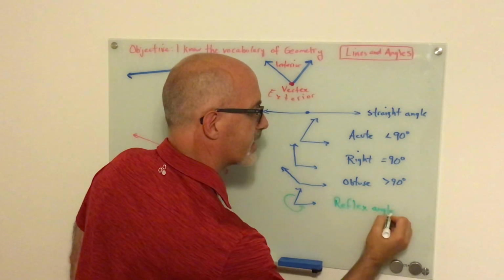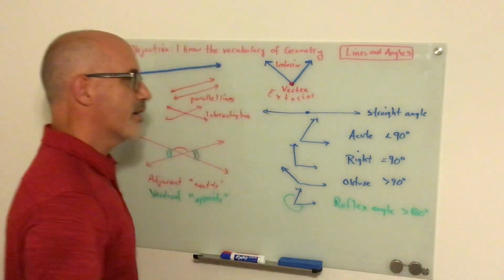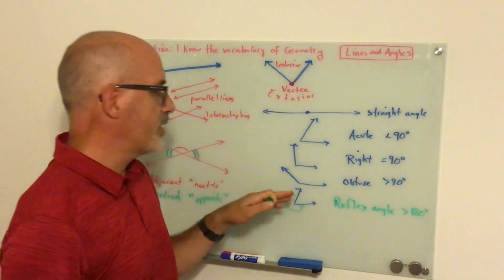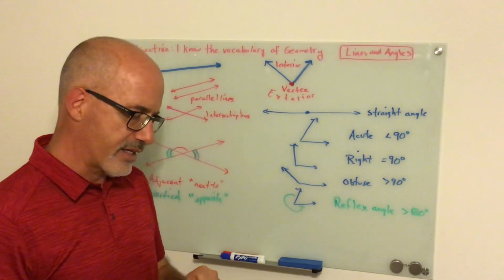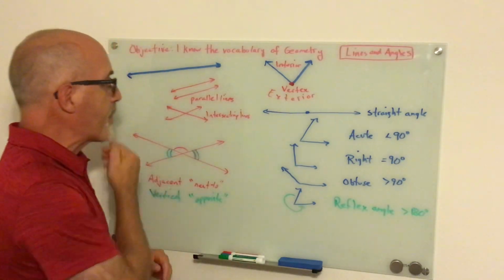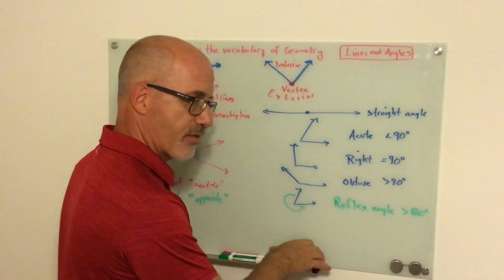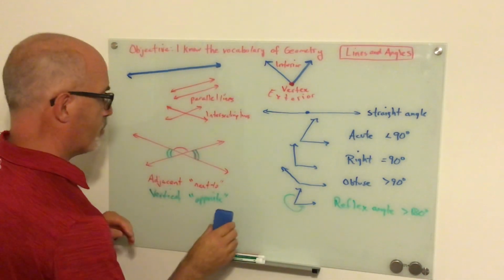And that reflex angle is greater than 180 degrees. So a straight angle is 180 degrees, and reflex is larger than that. It goes on the outside of the angle. Now, what I want to do is talk about what happens when we put some of these angles together and some of the vocabulary we use with this.